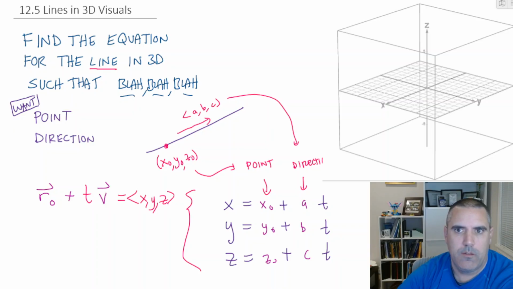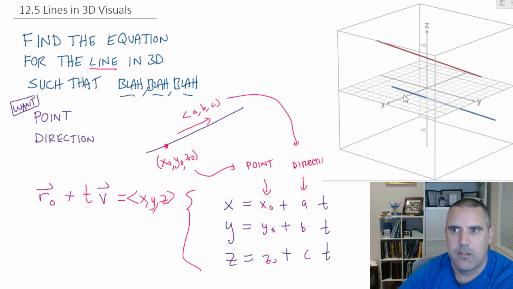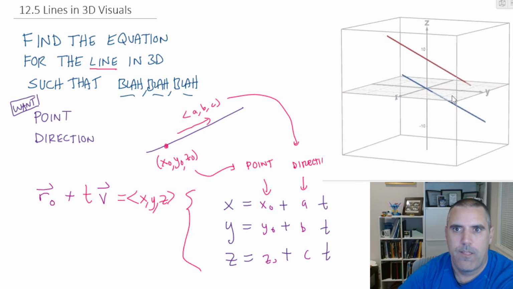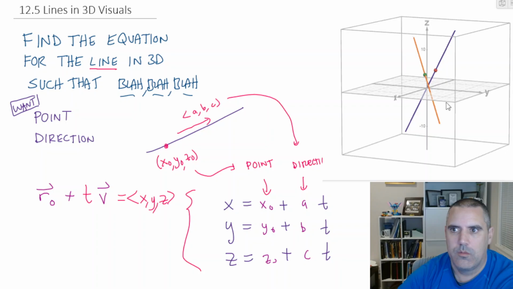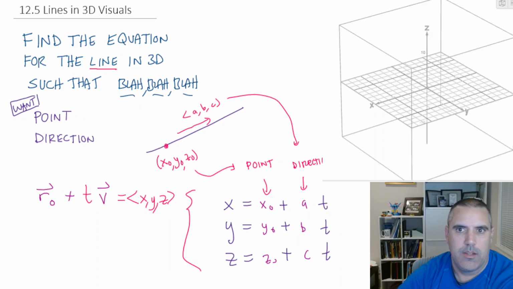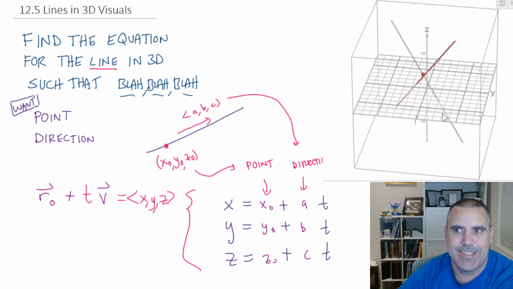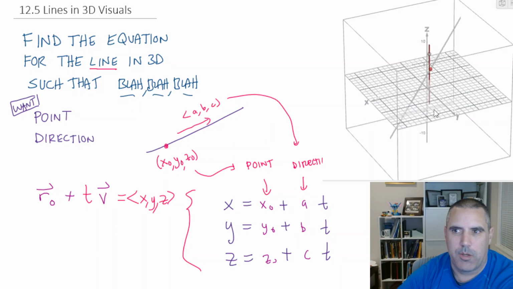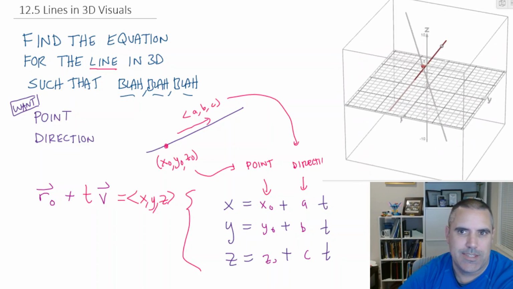So they can be parallel, which is exactly the same direction. They could be skew, which is what we just talked about. They're not parallel, but they don't hit. And then they can intersect. That's the least likely thing to happen. And we'll talk about how when they intersect, they are not necessarily at the same points at the same time. And so we'll talk about what we mean by that.